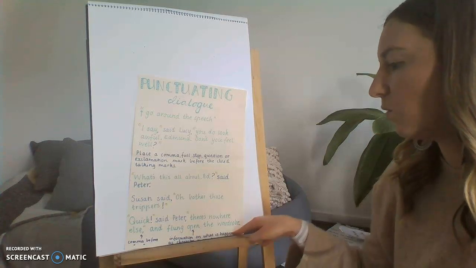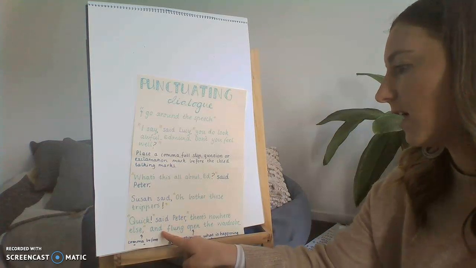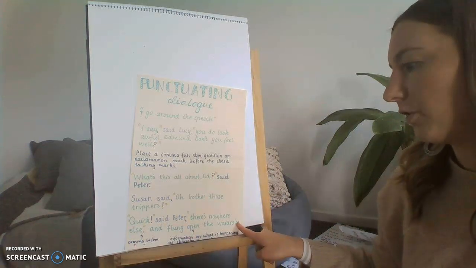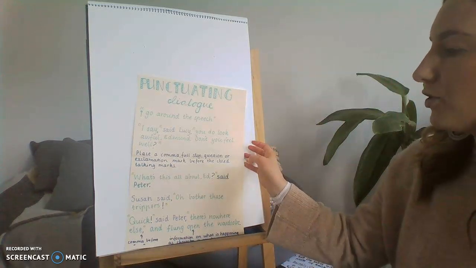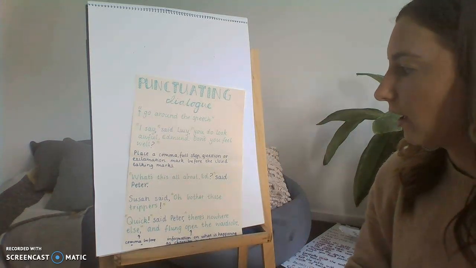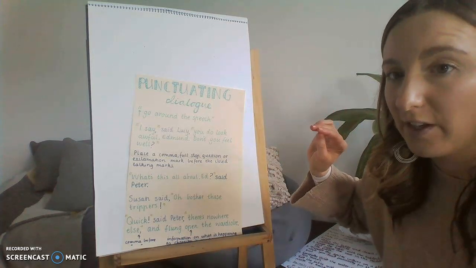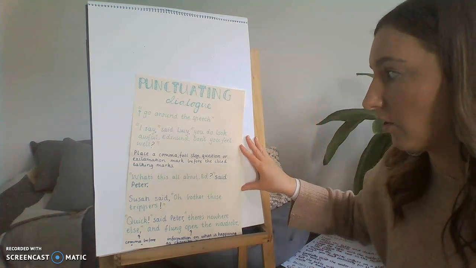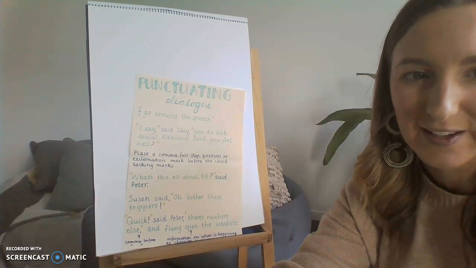So this is information on what's happening as a character is speaking. And that's saying what he did. I'm going to write up some sentences that don't have the punctuation correct, and we'll work through that together before you get to your task.